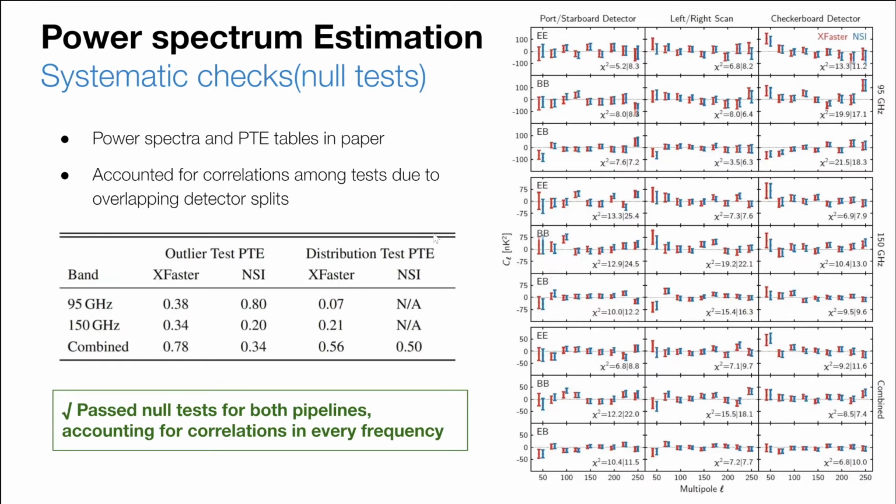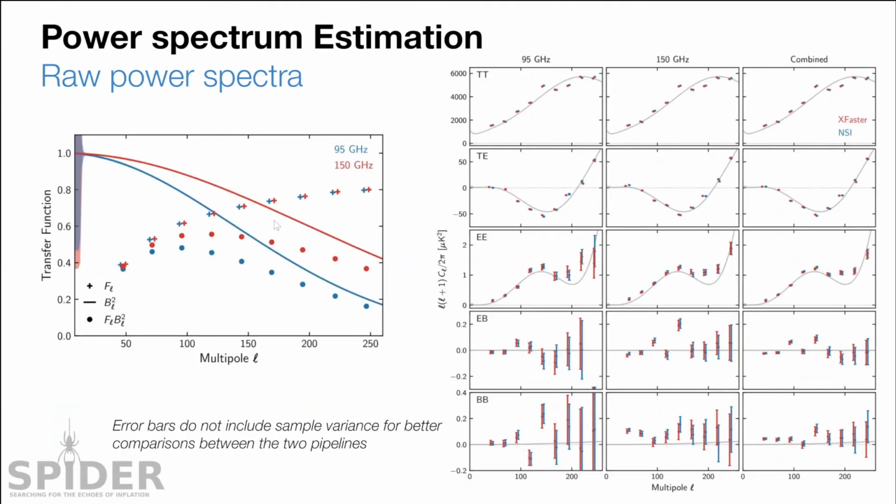The next step would be to generate some raw spectra, and I'll show them here. This figure on the left is our filter transfer function and beam window function estimates. They are the average of the EE and BB, which are similar but slightly different, because we had to use an aggressive filter to filter out our scan-related noise. As I mentioned before, the transfer functions look relatively suppressed in the lower Ls.